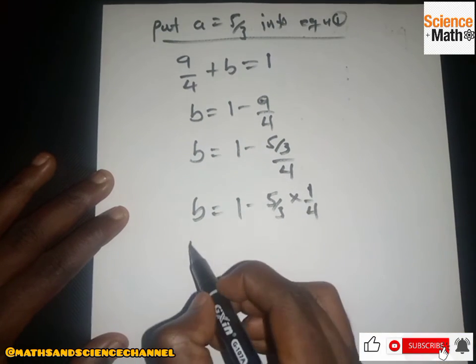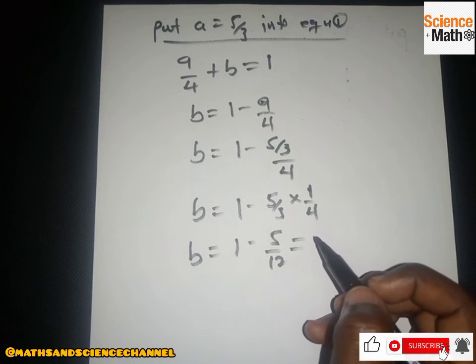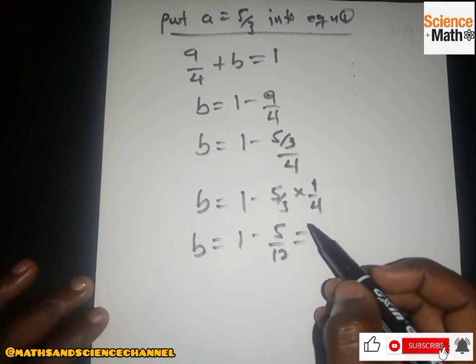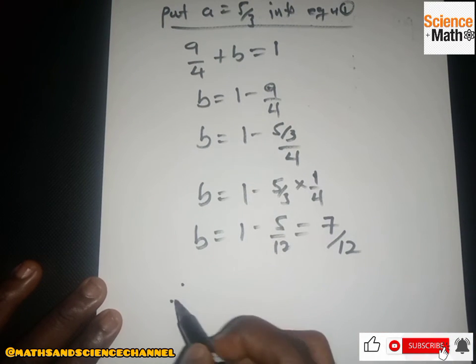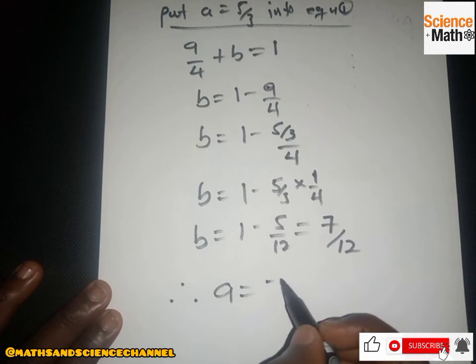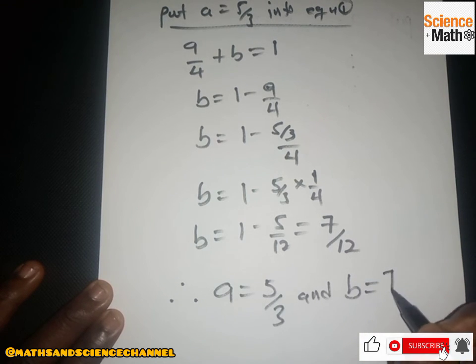Then 1 minus 5 over 12, when we compute the whole of that, we have 7 over 12. So therefore we can conclude that a is equal to 5 over 3, and b is equal to 7 over 12 in this case.